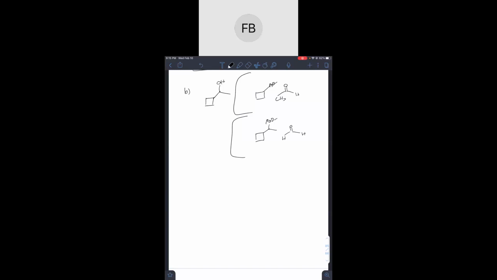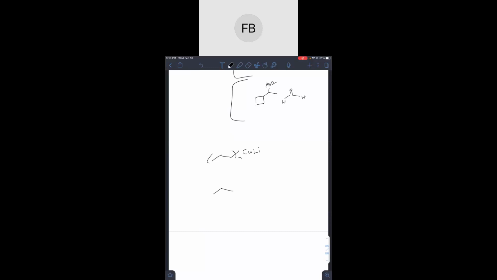I have just one quick question. Does the LiCu one function kind of like the same as the MgBr? Yeah, basically. It's just a negative charge. So if we have this versus this, they're both effectively this, you know?